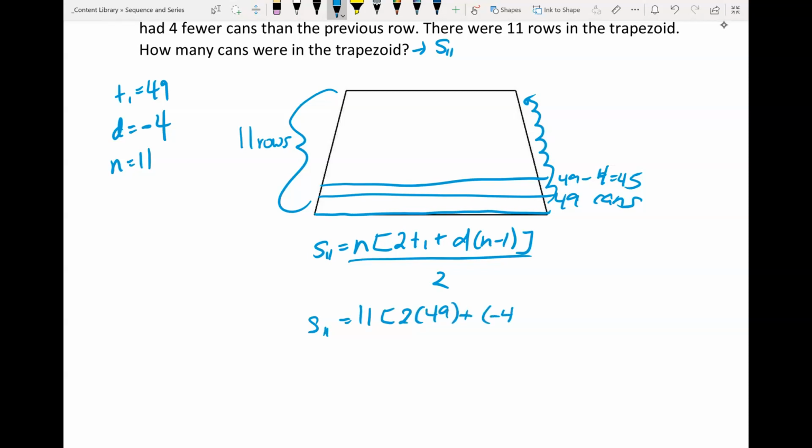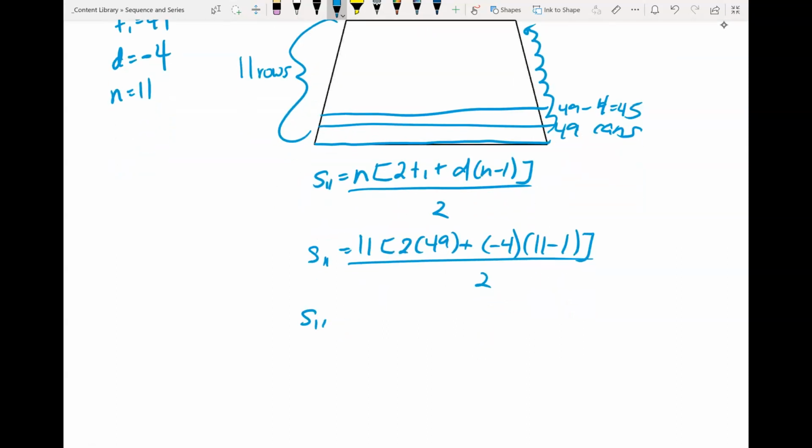D is -4. Then we have 11 minus 1, all divided by 2. Okay, so 2 times 49 is 98, and then 10 times -4 is -40.